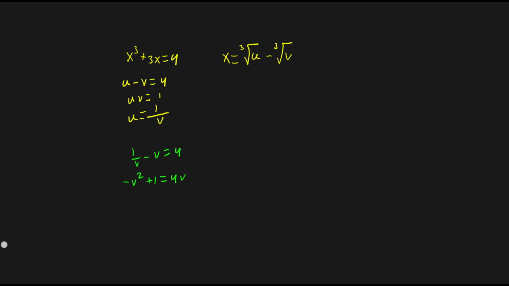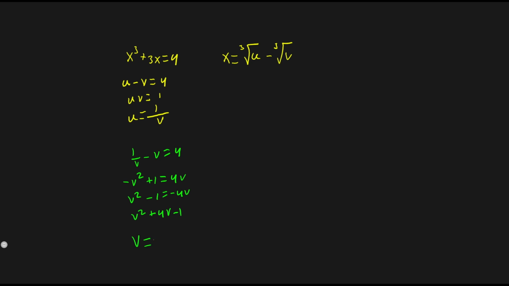So now multiplying by negative 1, we get v squared minus 1 is equal to negative 4v, which gives us v squared plus 4v minus 1, where we're going to solve for v.